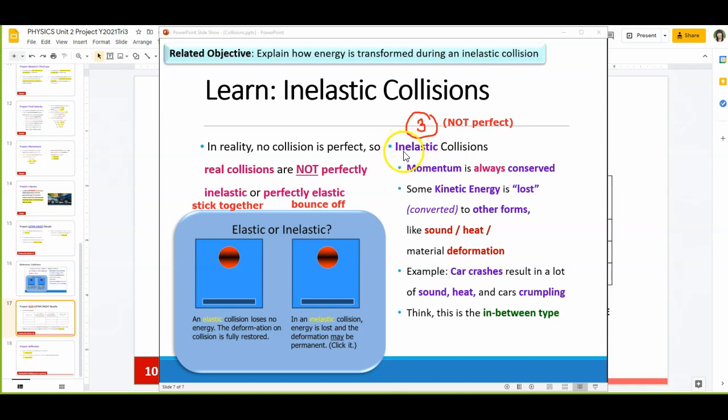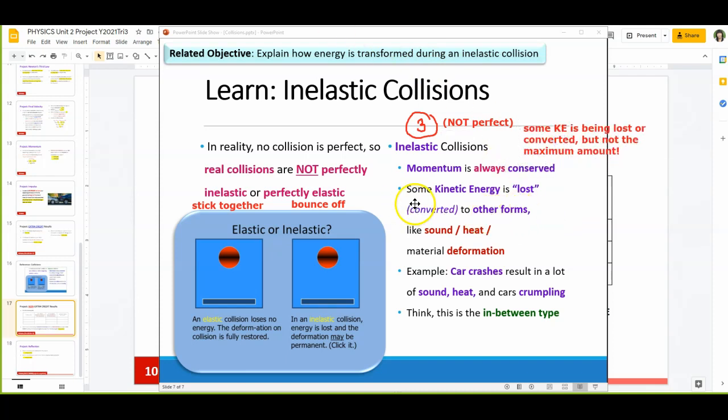So inelastic means there's still some energy being converted, right? So some kinetic energy is being lost or converted, but not the max, like what happens in a perfectly inelastic example.